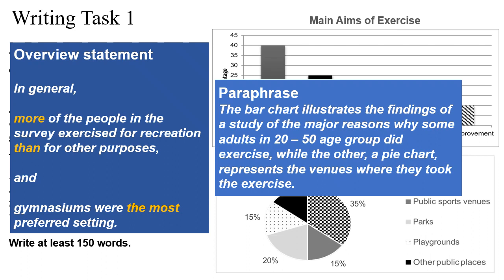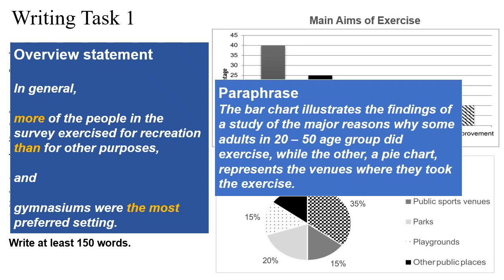To answer that question, first, I would like to mention once again, as I did earlier, that the sentence is a compound sentence. This means that it has 2 clauses. The first clause is, more of the people in the survey exercised for recreation than for other purposes, which stands for the bar chart and which can stand alone.